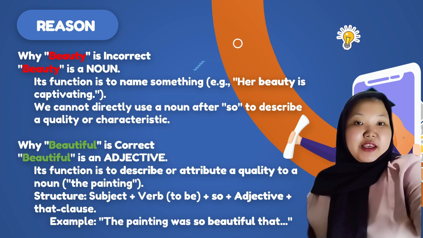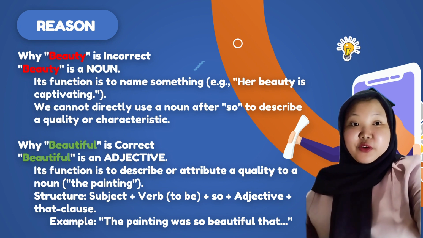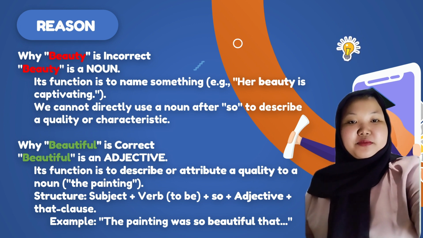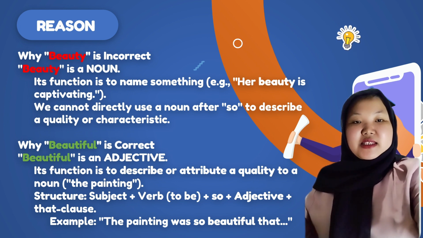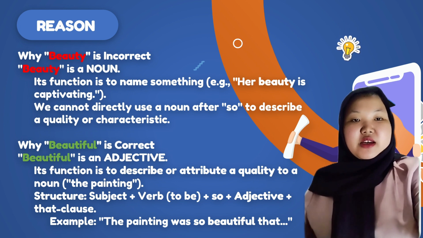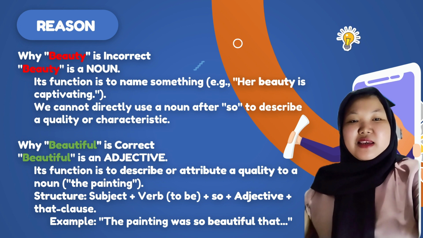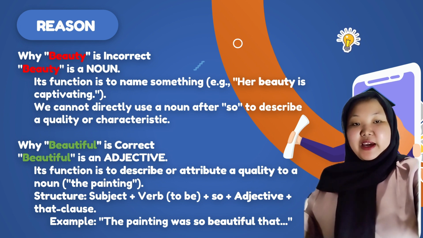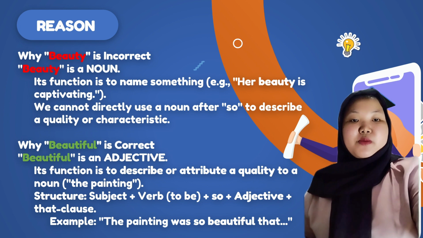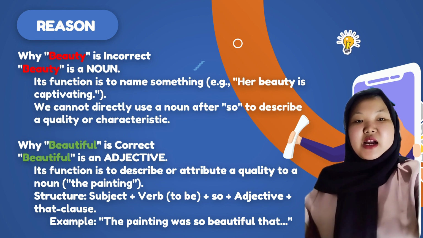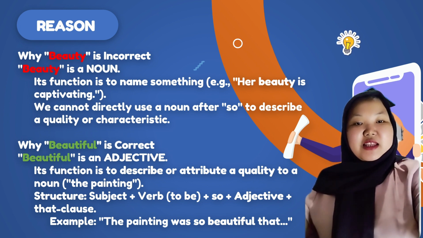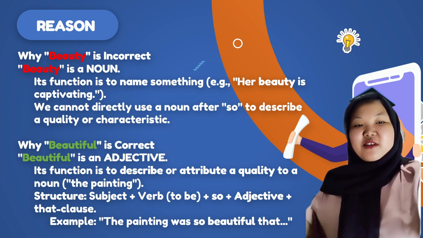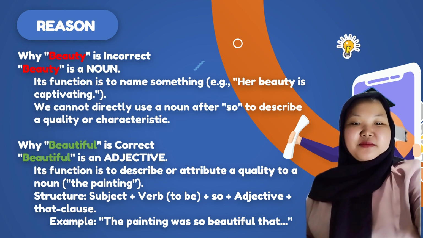The painting was so beautiful that everyone stopped to look at it. This sentence is grammatically correct because it follows this common structure: subject plus verb to be plus so plus adjective plus that clause.